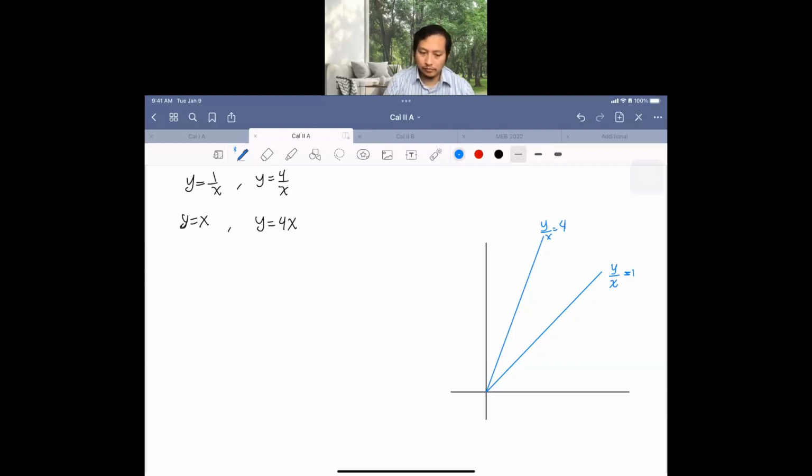And then let me change the color to green. Maybe around here is y equal 1 over x. And that one is y equal 4 over x. I think it should be a little more in line like that.